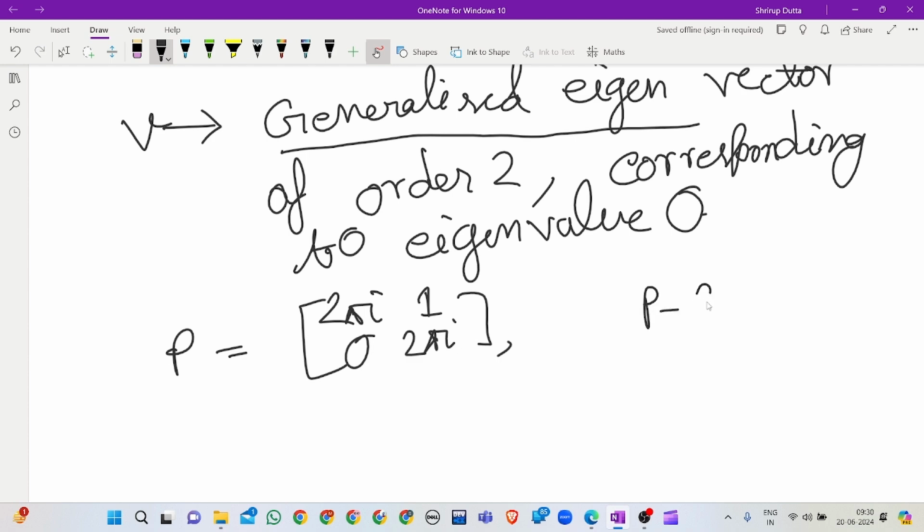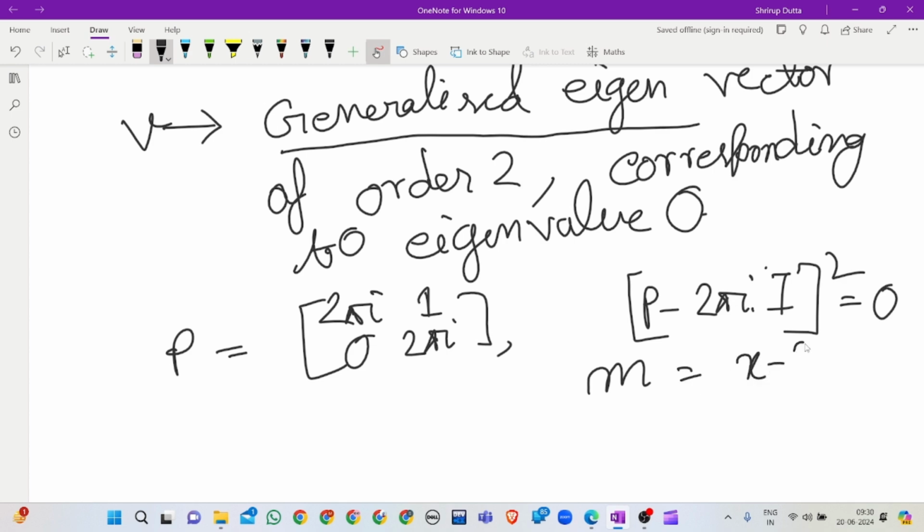If we take P minus 2 pi i times the identity and square it, we will get 0. So its minimal polynomial is x minus 2 pi i squared. So it is a non-diagonalizable matrix, since its minimal polynomial cannot be written as a product of distinct linear factors.